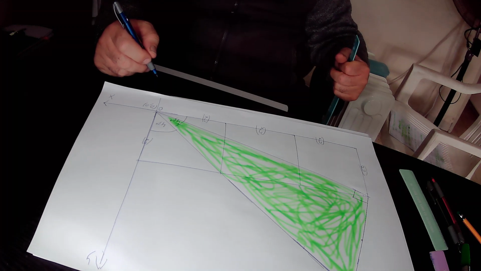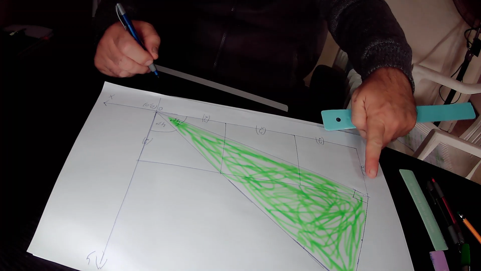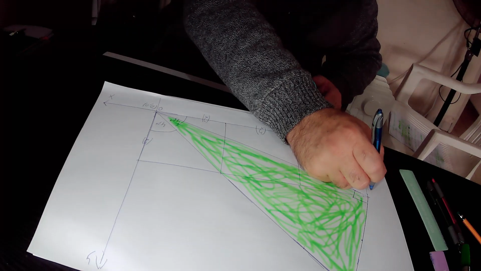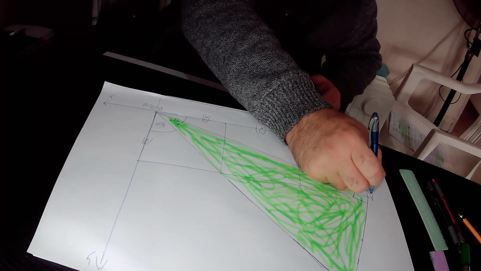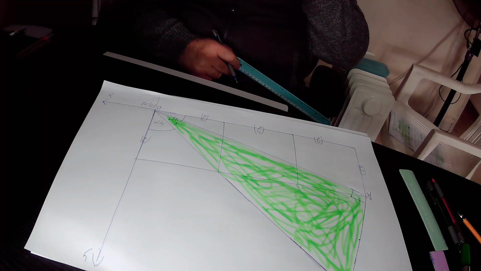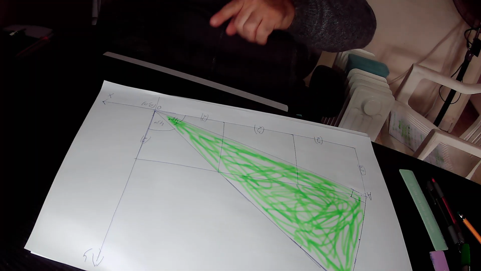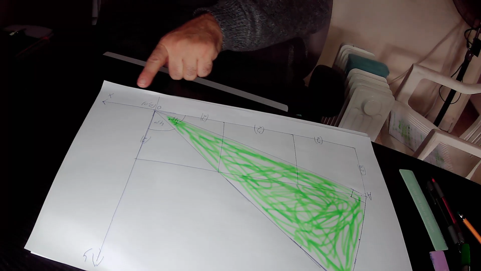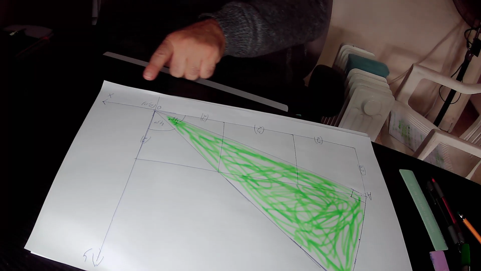In the next step, we define this point as point A. What are the coordinates of point A? The x coordinate: this is the positive side of the x-axis, and this is the negative side.